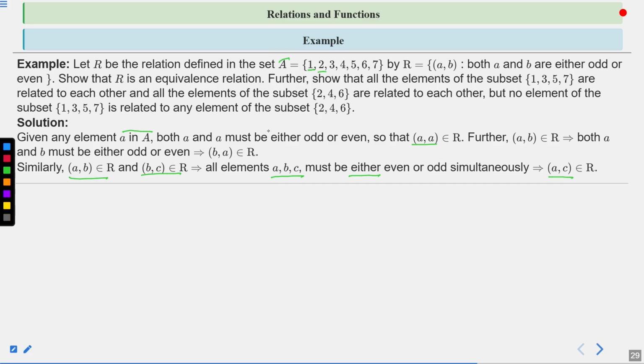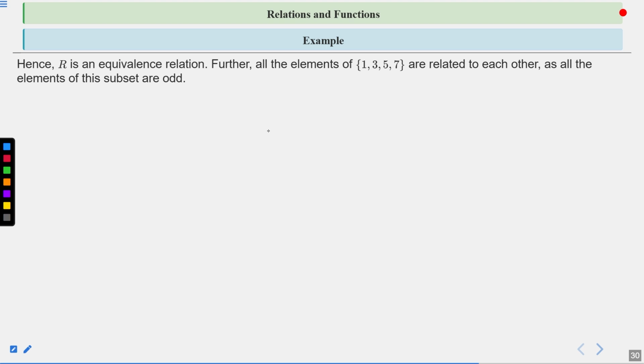If you pick an even element, then it will be (even, even), and by the definition this pair must belong to R. If (a, b) belongs to R, meaning if a is odd, then b must be odd by the definition. If a is even, then b must be even. So we can also write (b, a) belongs to R, and the same goes for transitivity. Moving on to the next part. So hence R is an equivalence relation.